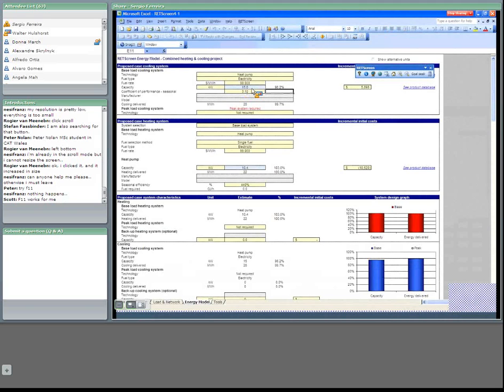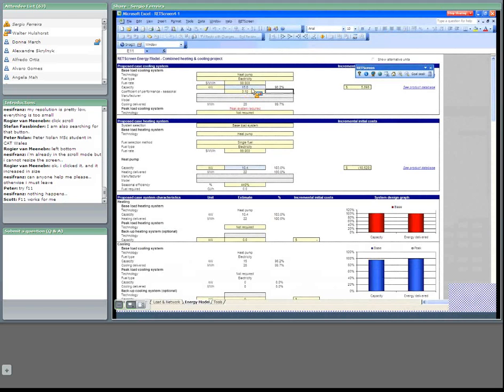You can opt for answering the lower one and then having an alternative system to answer only your peak load, depending on your curve, if it has very high peaks or not. But the important detail here is that you can very easily look at your heat pump, and the model calculates and tells you whether your rating, your capacity of your heat pump will answer your needs or not.